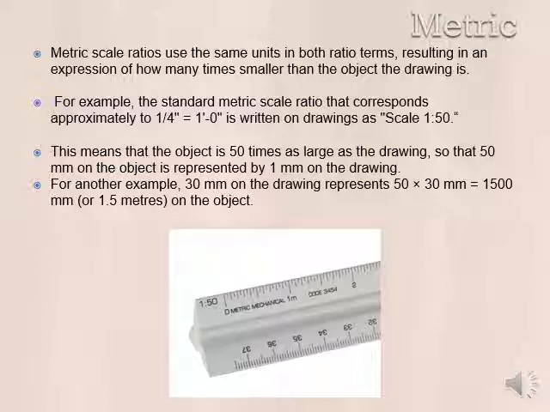So if you had 30 millimeters on the drawing, it would represent 50 by 30 millimeters, or 1500 millimeters, 1.5 meters of the object. And we'll look at these more as we do our practice exercises.